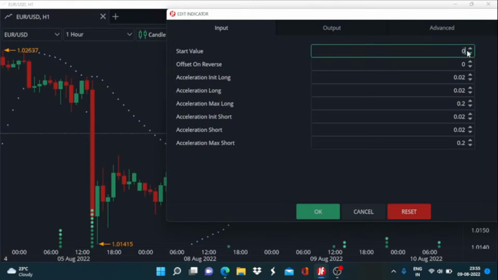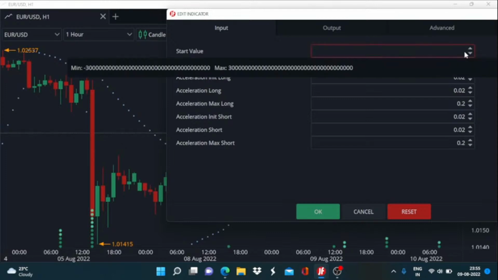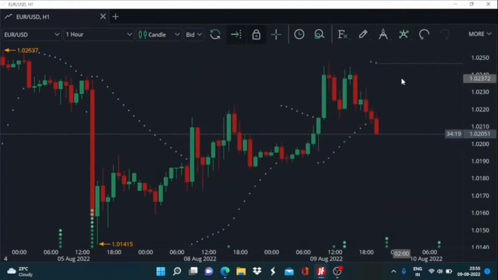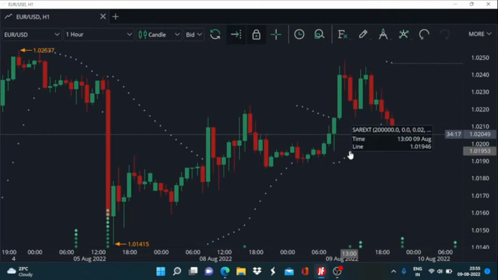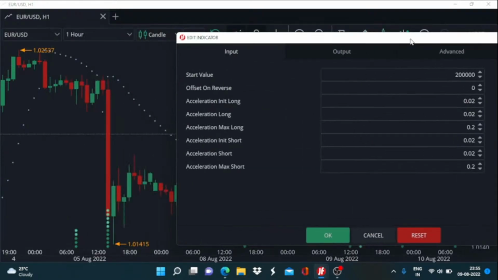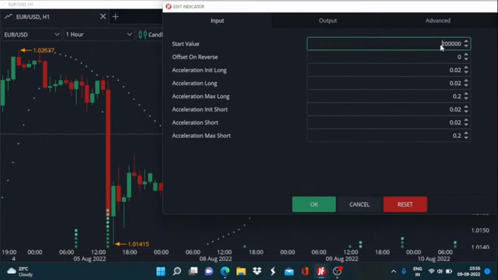The start value is 0. I think we can make it 1 and see what kind of changes are observed. So here we have this minimum and maximum. So let's consider if I am making it 200,000, no prominent change is visible in the plotting of this indicator.